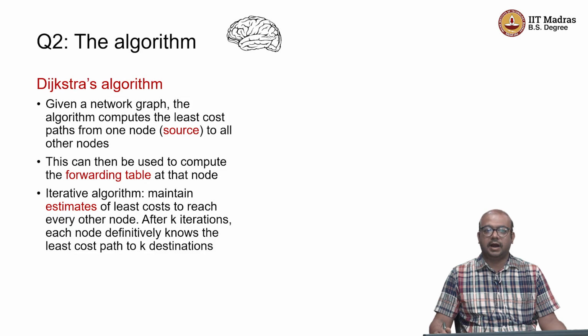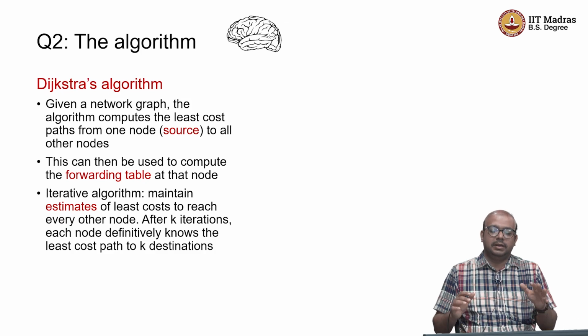Specifically, at the kth iteration, each node definitely knows the least cost path to k destinations. Okay. So, once you exhaust all the nodes, then you know the shortest path to your required destination. Okay. So, it is an iterative algorithm where the data is maintained temporarily, right.